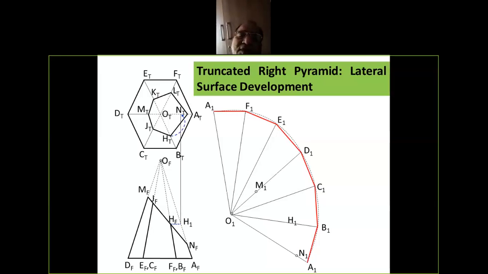Now, in the case of a truncated right pyramid, this one is a pyramid of 1, 2, 3, 4, 5, 6 sides.